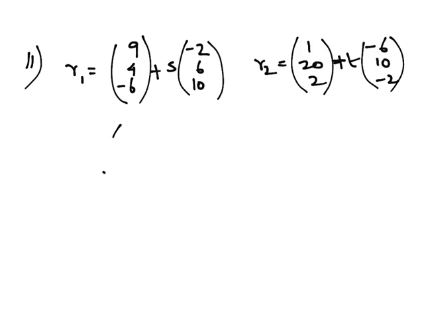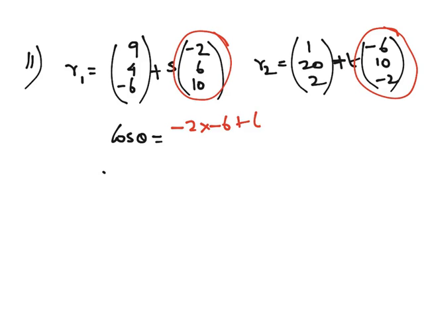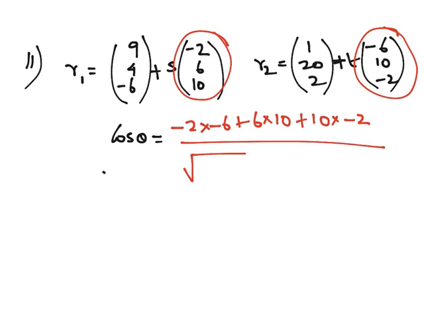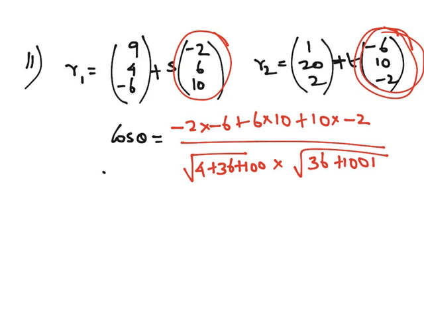Let me find cos theta. You know the formula. This is the direction vector for the first line and this is the direction vector for the second line. So find the dot product: minus 2 into minus 6 plus 6 into 10 plus 10 into minus 2, divided by the magnitudes, square root of 4 plus 36 plus 100 into square root of 36 plus 100 plus 4.